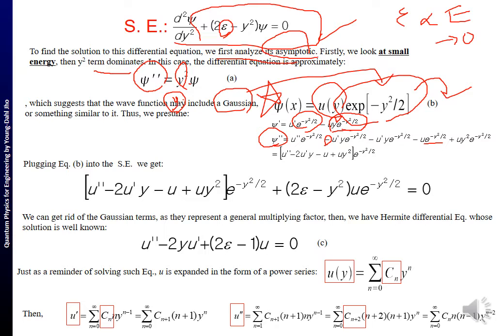Then we take the derivative from this, then minus y goes down, so minus y and minus y multiply them. Then we have y squared, so u y squared e to the power of minus y squared over 2. And they all share e to the power of minus y squared over 2. So we arrange the other terms as shown here.